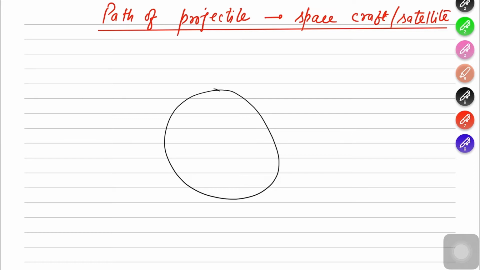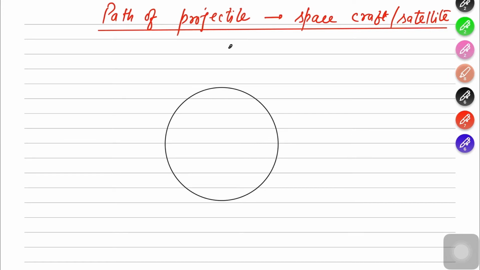We know that suppose this is any planet, let's say it is Earth, and if there is any mass, let's say m, and the mass of Earth is M, there is a force of attraction between these two masses.